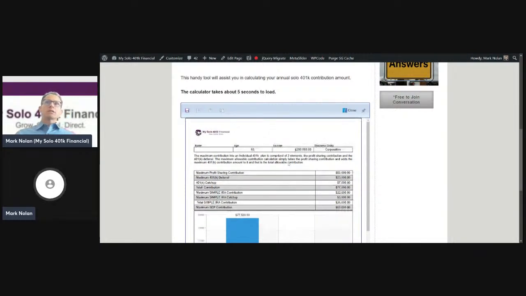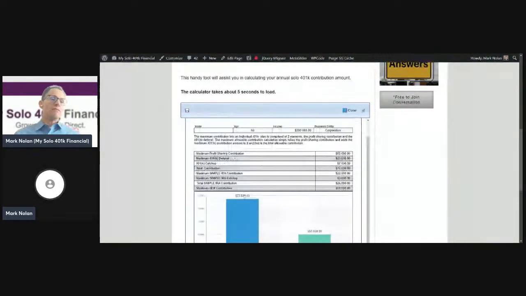So this individual can contribute a total of $77,500 of contributions when you combine the $50,000 of employer Roth solo 401k contributions, plus, let's see what we get here, because again, we can't go over the $77,500 limit.